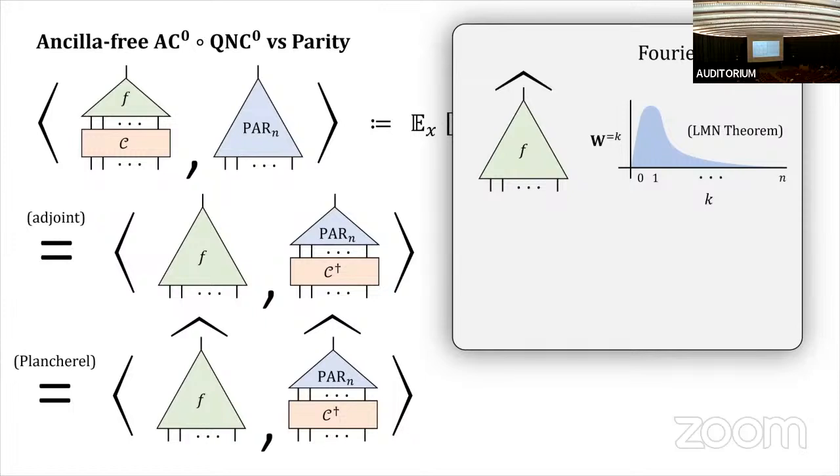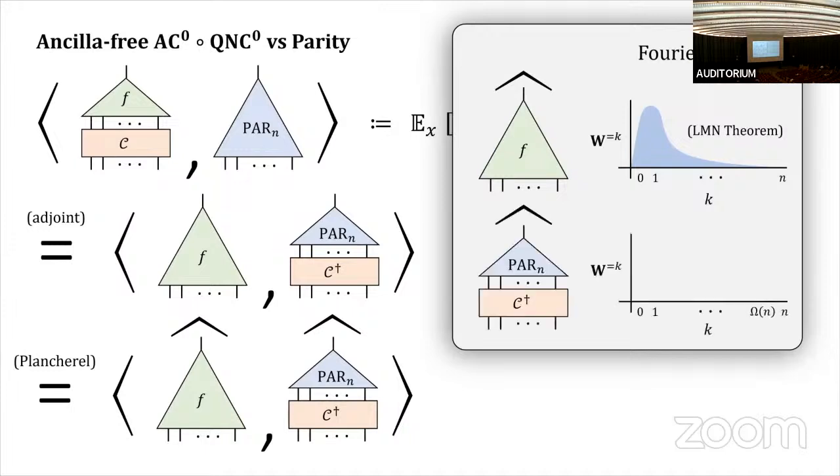And now we can think about, well, what about this other composition of functions? And so we want to fill in this picture. Now, parity alone, if we just look at parity, that is one of the Fourier basis functions. So the Fourier spectrum is a point mass on the farthest right entry.